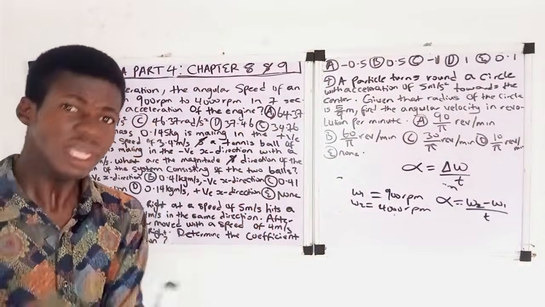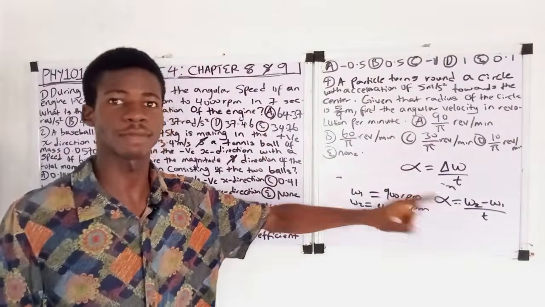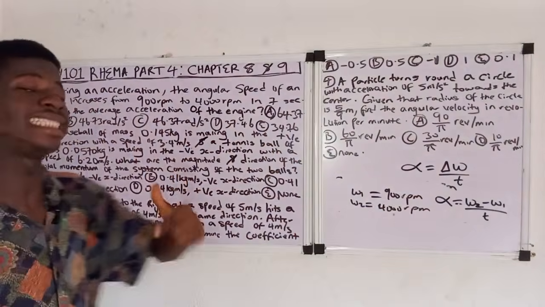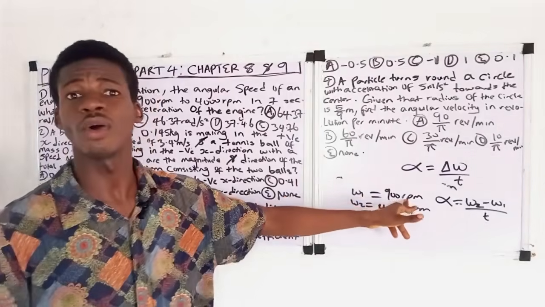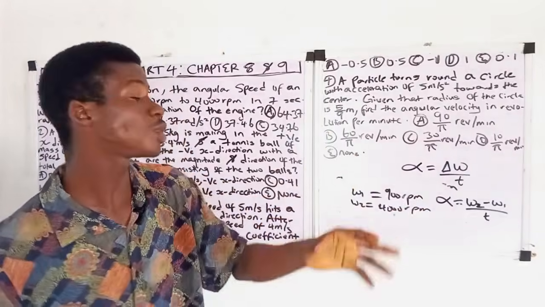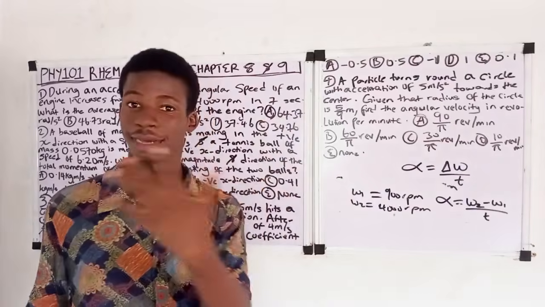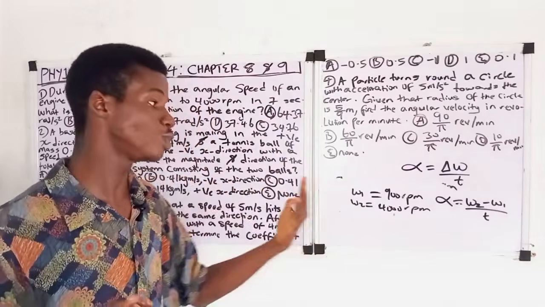But the confusing part here is the unit. Our answer is in rad per second, and if you look at the unit of the velocity, it is in revolution per minute. So we need to convert from revolution per minute to rad per second before we solve our acceleration, which is very easy.